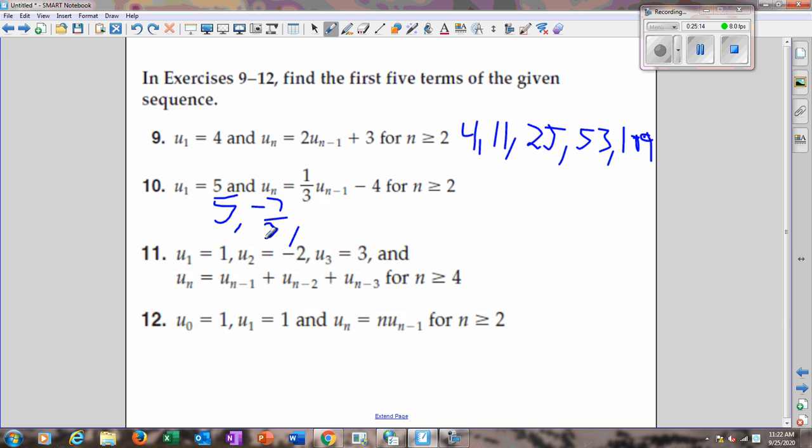Then I multiply that by 1/3 and subtract 4. It gives me negative 151 over 27. Then I multiply that by 1/3 and subtract 4. That's negative 475 over 81.